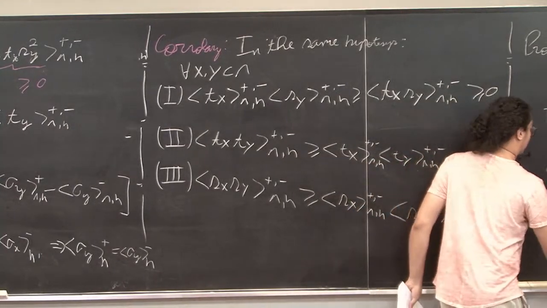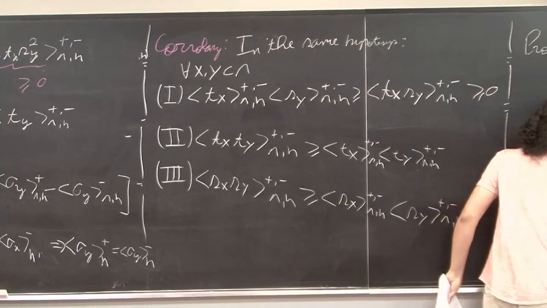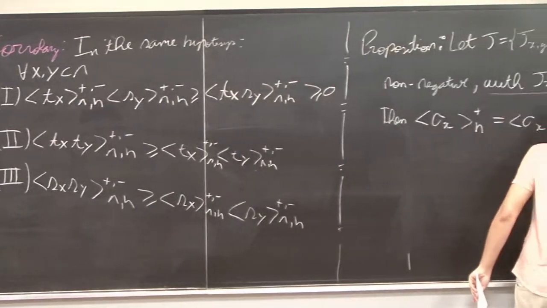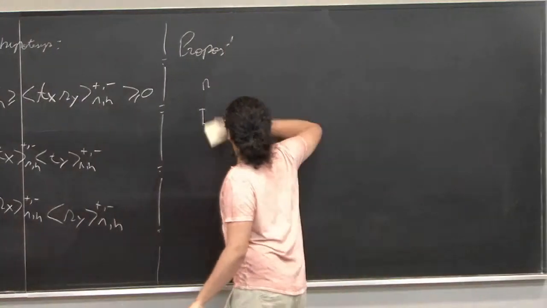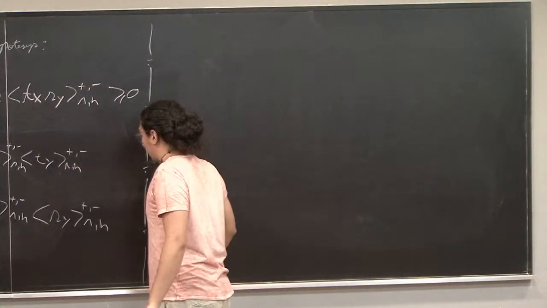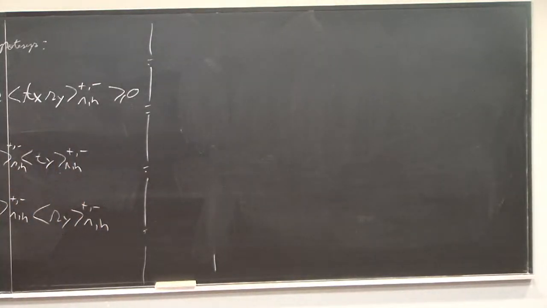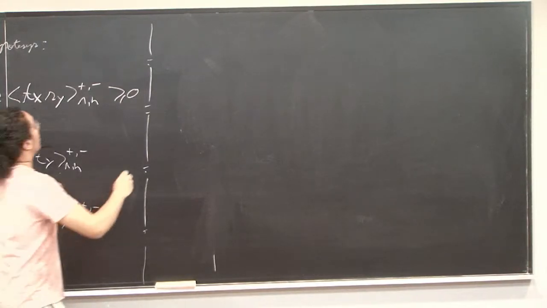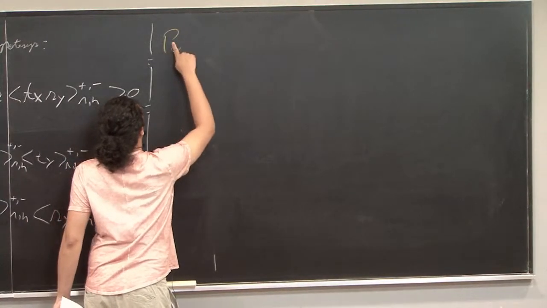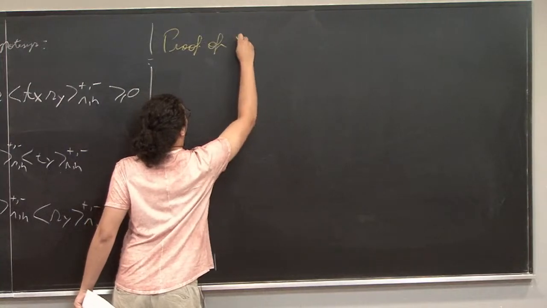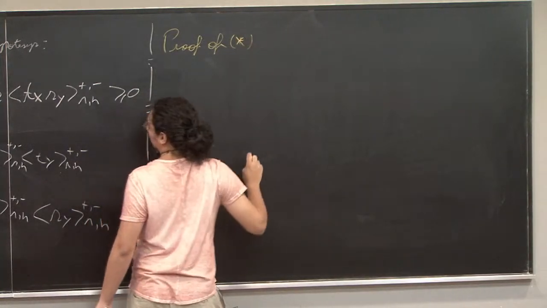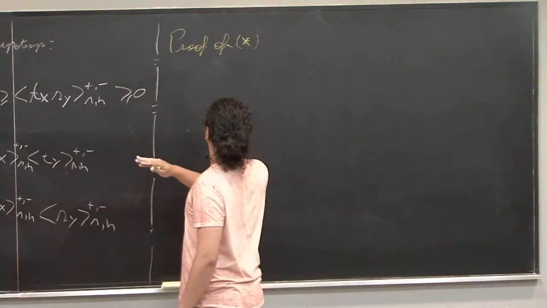I think I can erase this. So okay, now, proof of star. I'm going to erase that part.